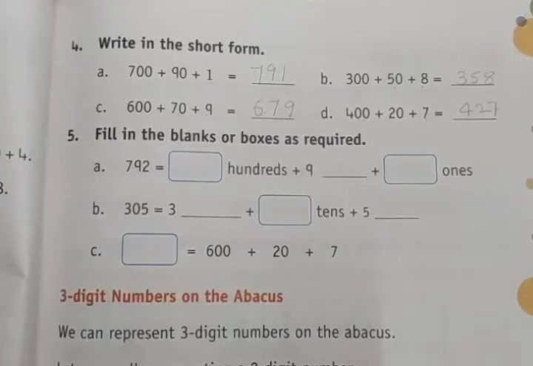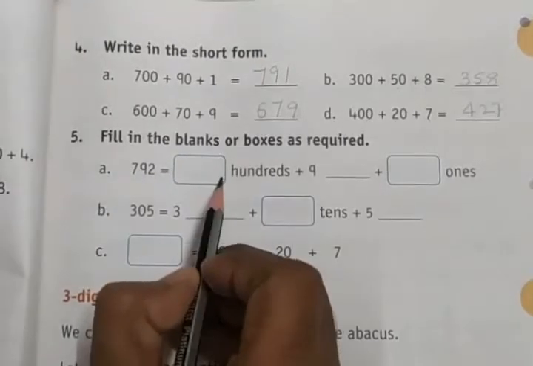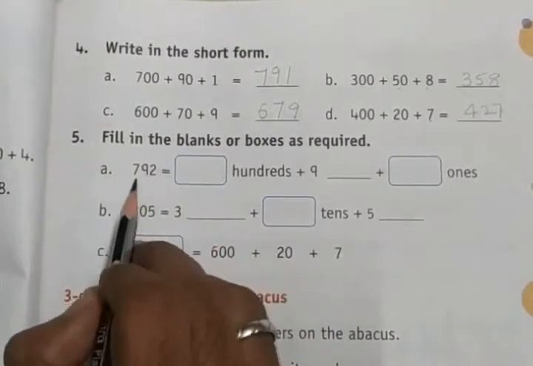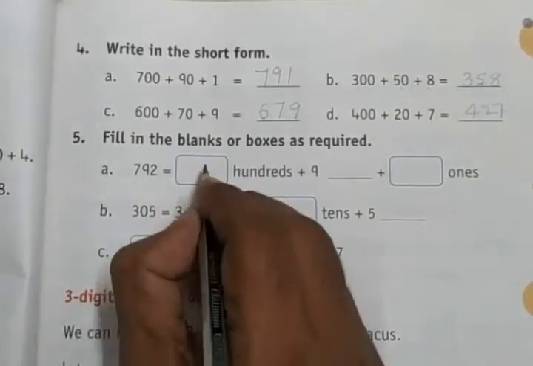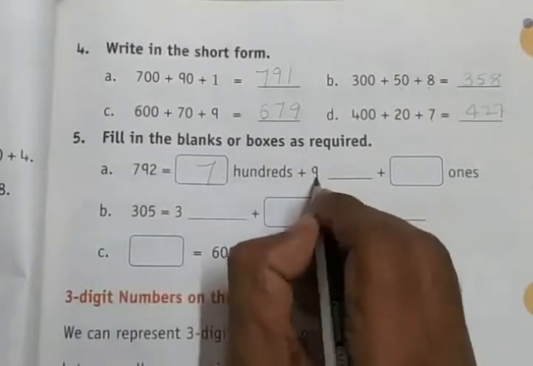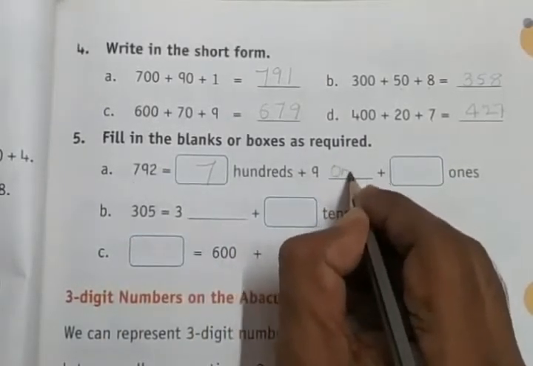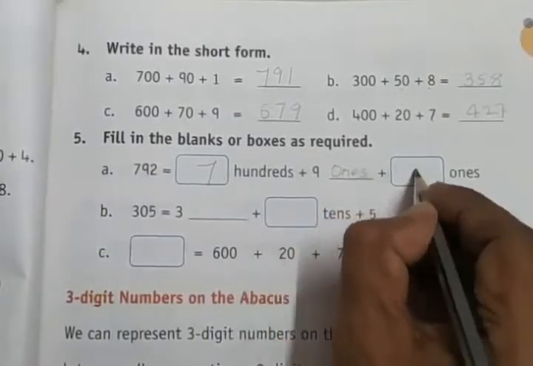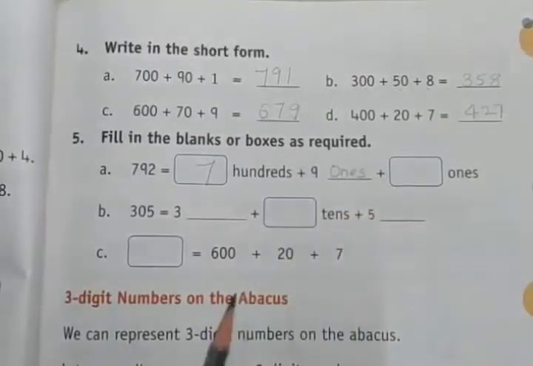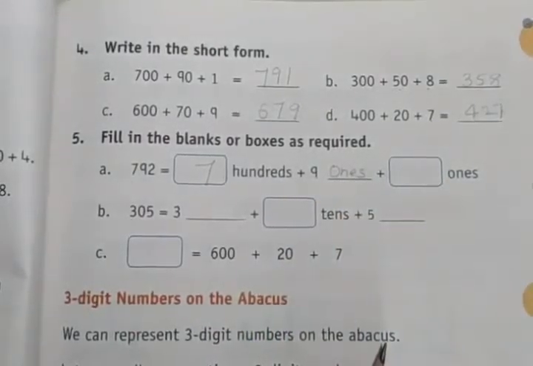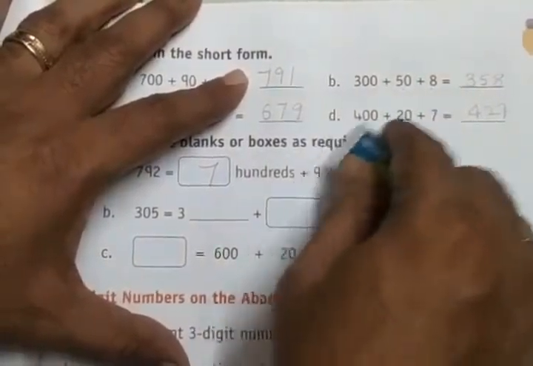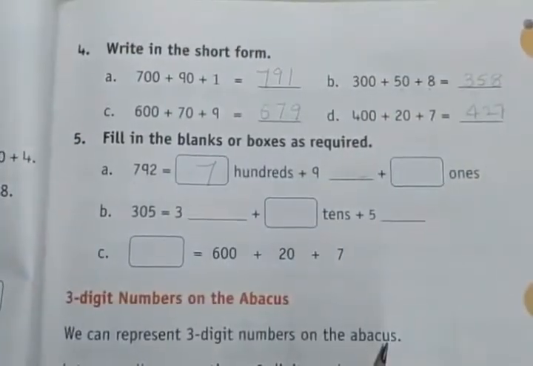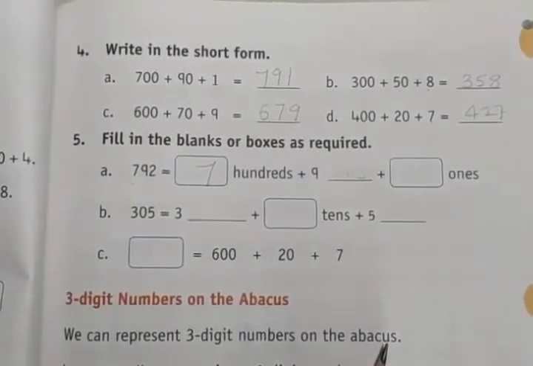Okay? So here, how many hundreds are there in 792? 700. We used to read 792. Right? 700s, 9 tens.